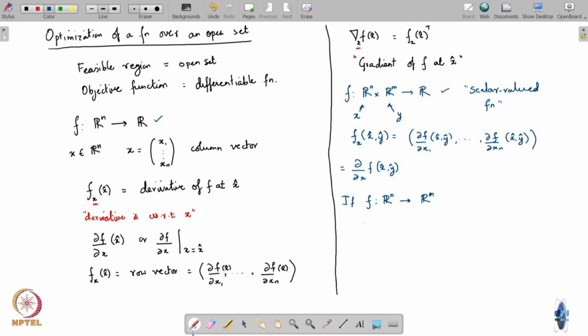So f at a point x is equal to this kind of column vector: f1 of x, f2 of x, dot dot dot, fm of x. It has m components.